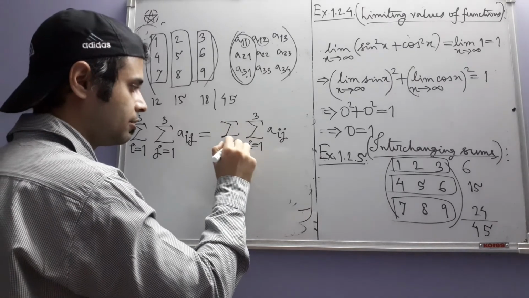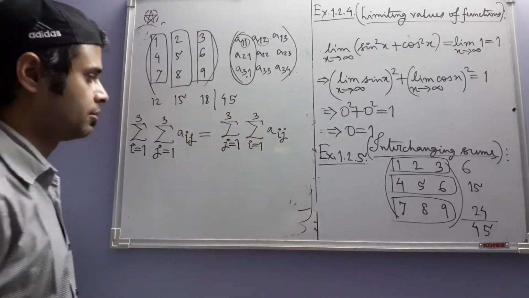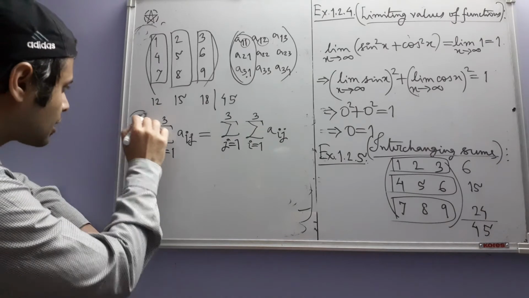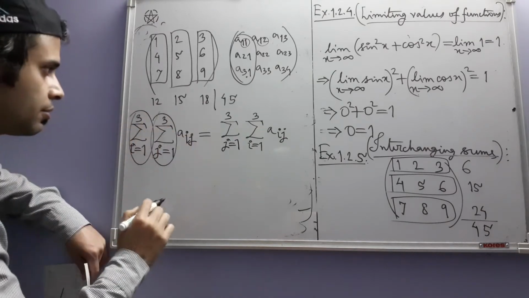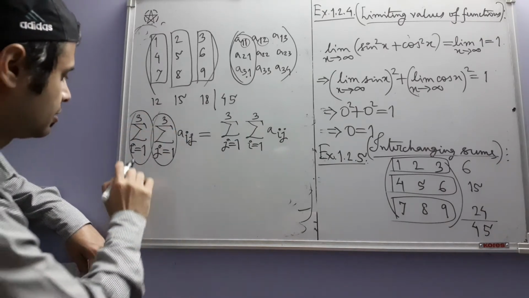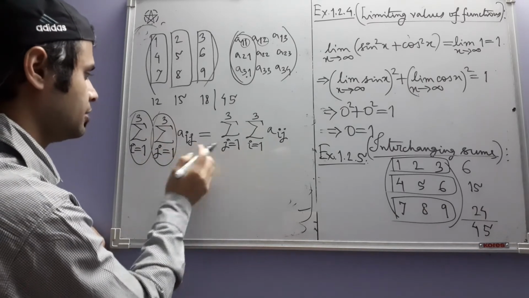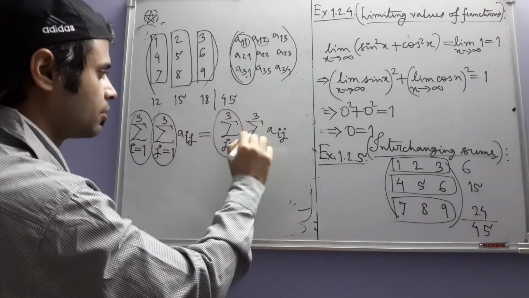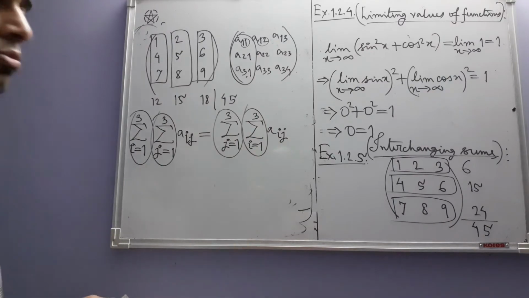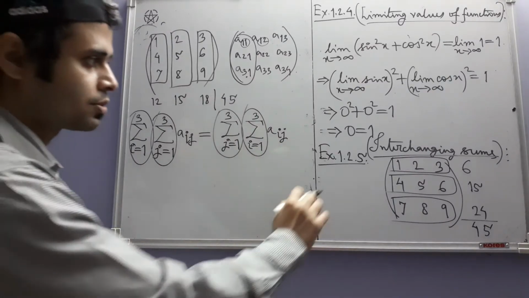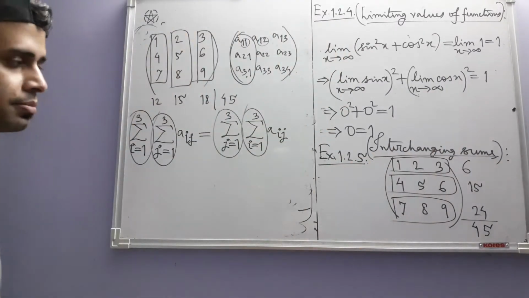J is varying from 1 to 3. So you see that these two summations have been interchanged. I goes here, J comes out. In this finite case, it's possible to interchange sums.